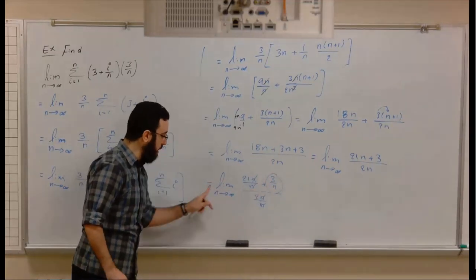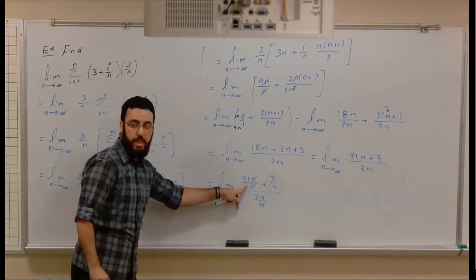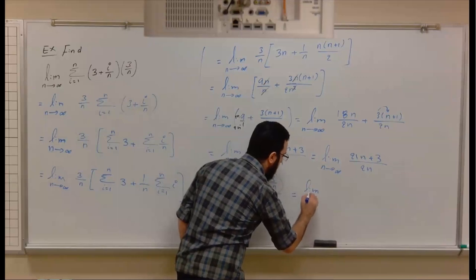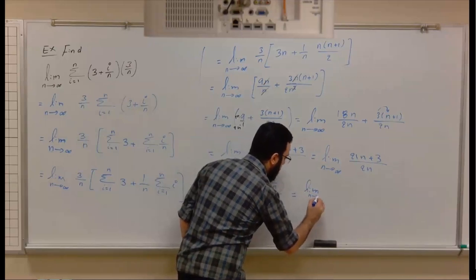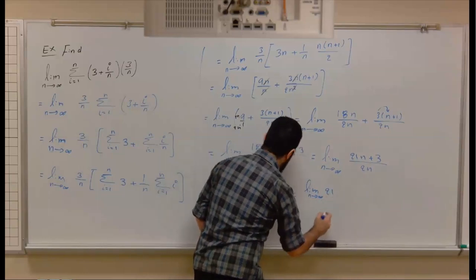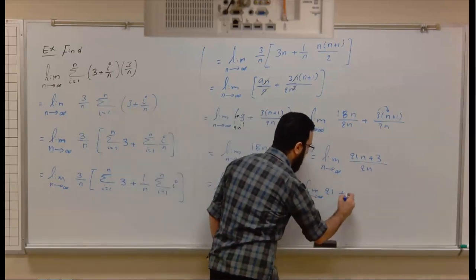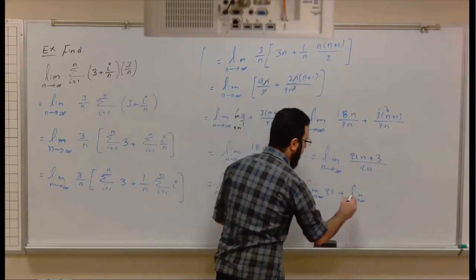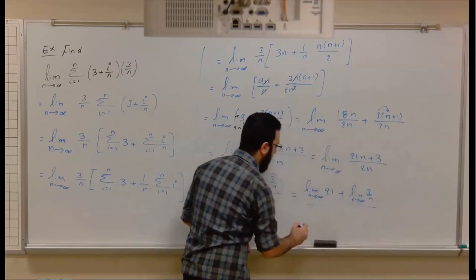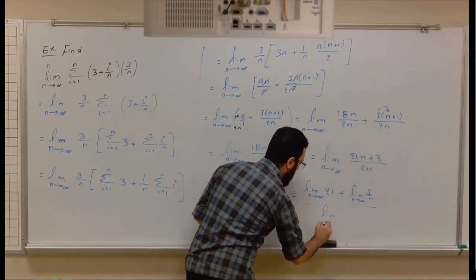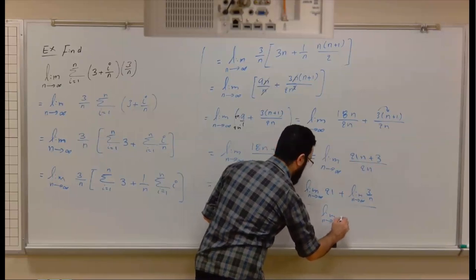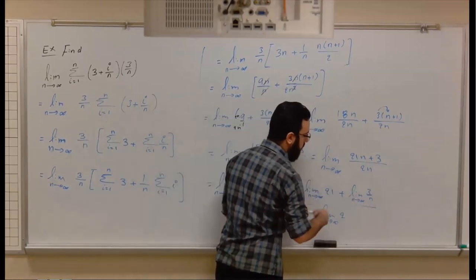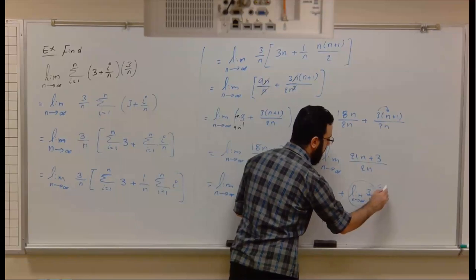So this one is going to be the limit as n approaches infinity of 21, plus the limit of 3 over n, over the limit of 2. The limit of 3 over n is going to be equal to 0.